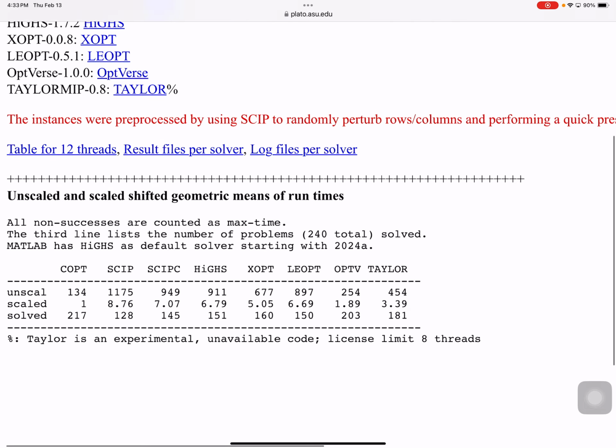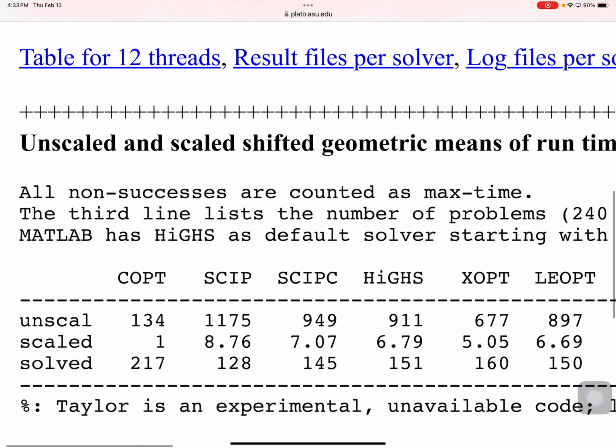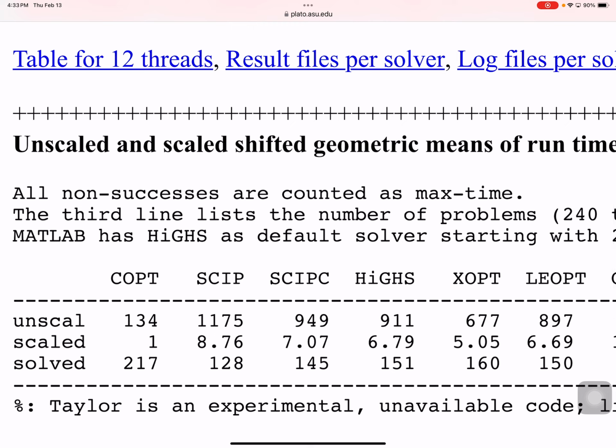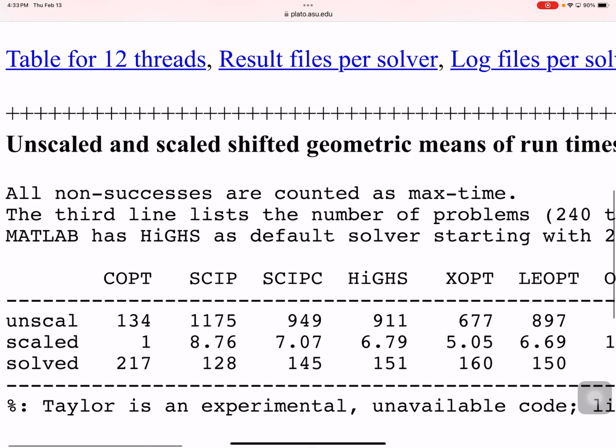So how do you look at this table here? As you can see, this table has 3 rows. The first 2 rows are related to, I think, the shifted geometric means of runtimes, skewed and unskewed. So the smaller, the better it is.